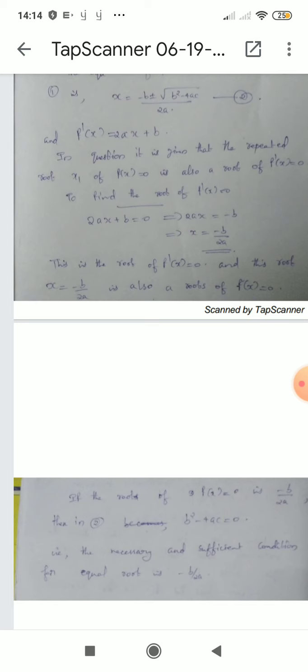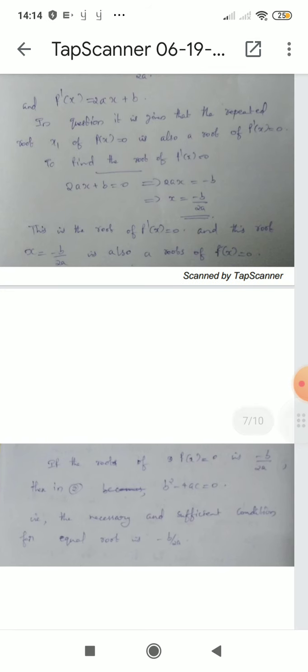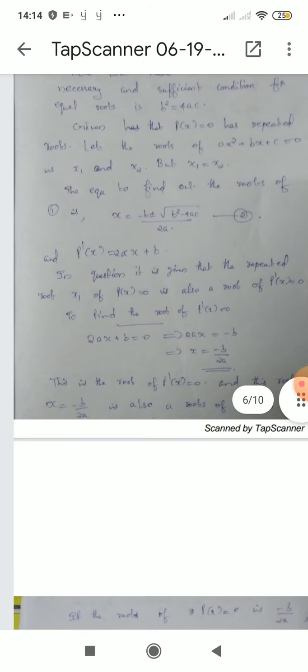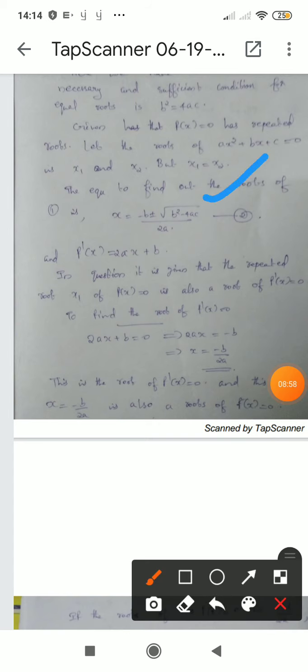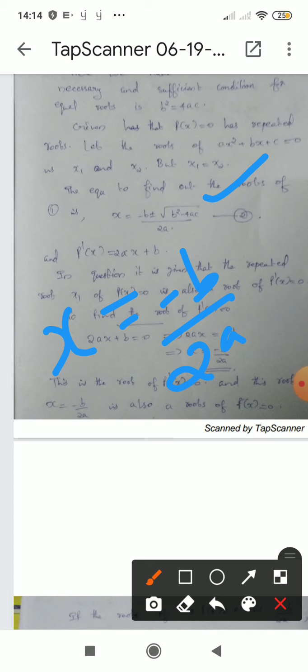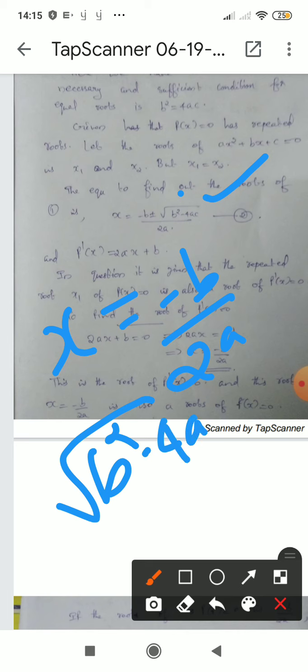Then f of x equal to 0 has two roots, x1 and x2, and x1 is equal to x2, so x1 is equal to x2 is equal to minus b by 2a. If you look at the second equation, if x is equal to minus b by 2a, then root b square minus 4ac must be 0.